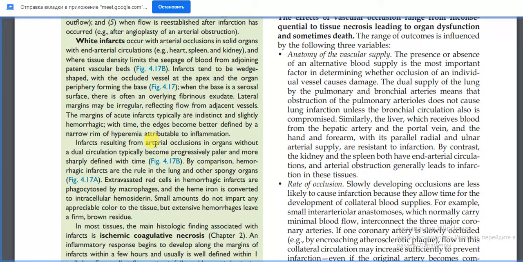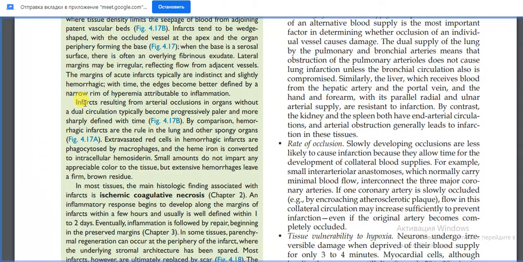Sometimes infarcts can even be healed by this, so it can be replaced in some tissues, but in some tissues not. Let's discuss it. Infarcts resulting from arterial occlusion in organs without a dual circulation typically become progressively paler and more sharply defined with time.